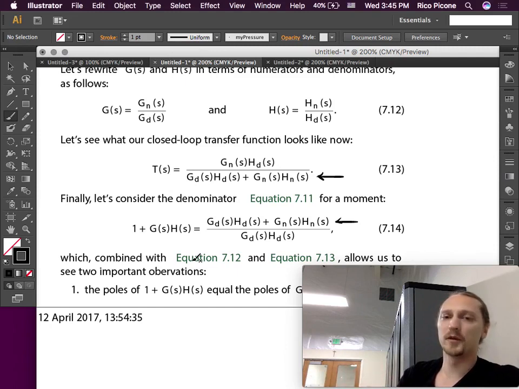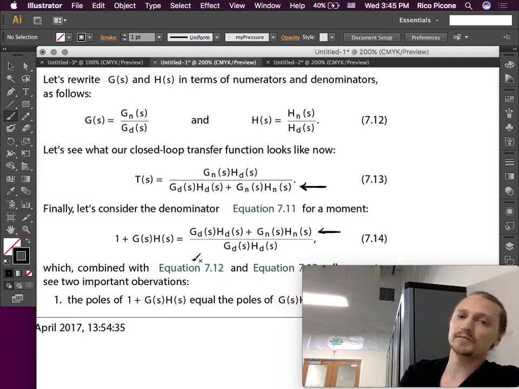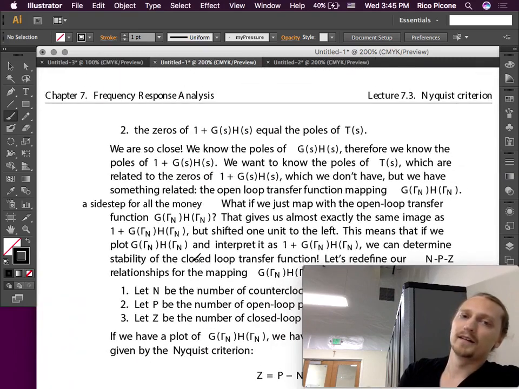We know where those poles and those zeros are. So we're so close. We know the poles of GH, therefore we know the poles of 1 plus GH. We want to know the poles of T of S, which are related to the zeros of 1 plus GH, which we don't have, but we have something related.